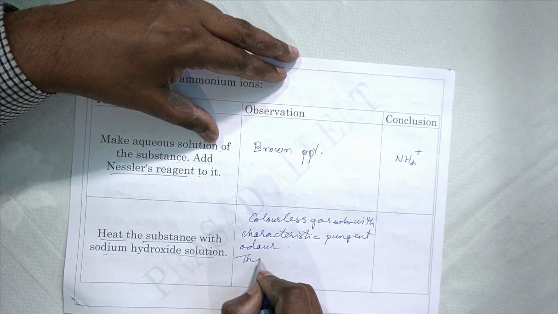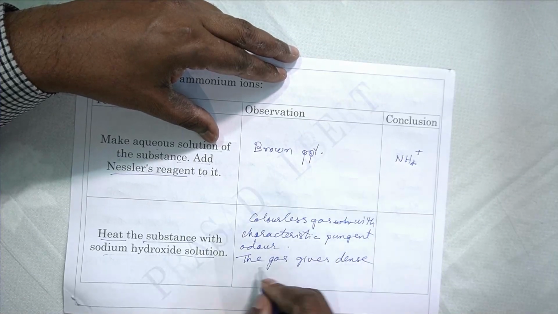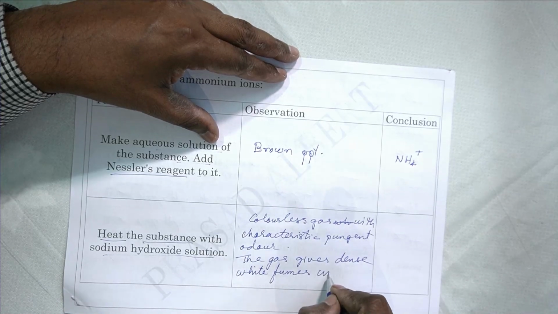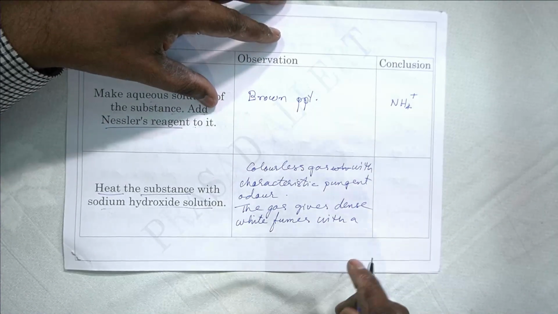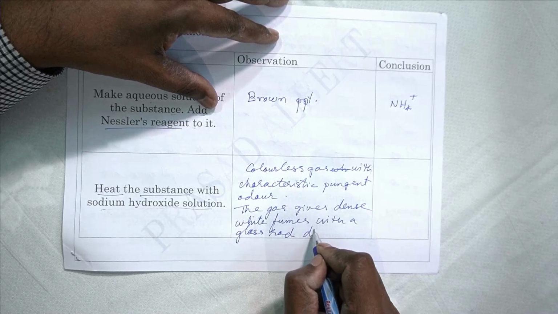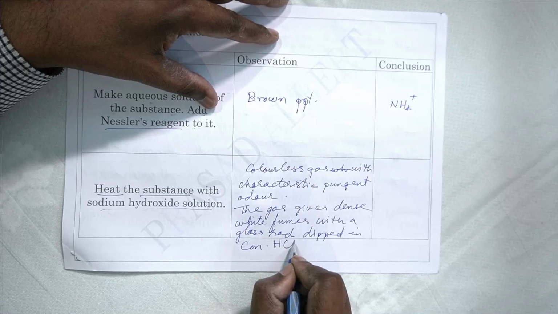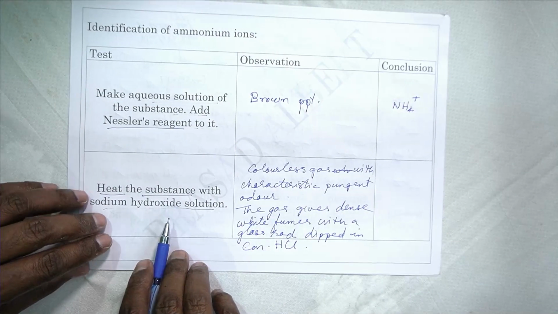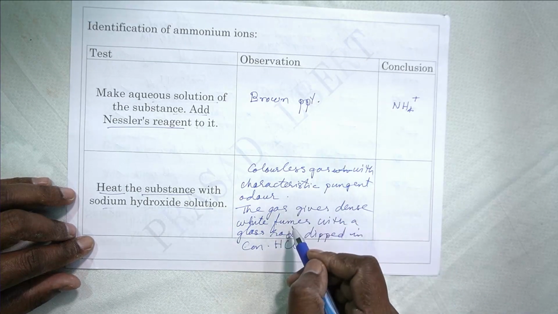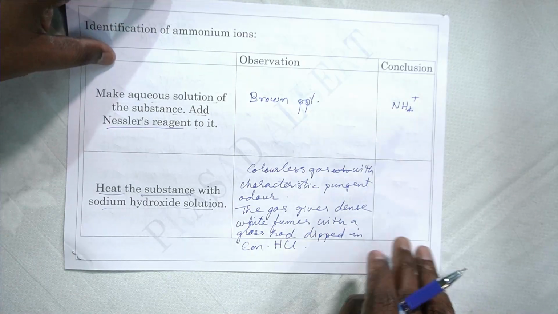So you are heating the substance with sodium hydroxide solution, and if you introduce a glass rod dipped in concentrated hydrochloric acid to the gas, it gives dense white fumes.